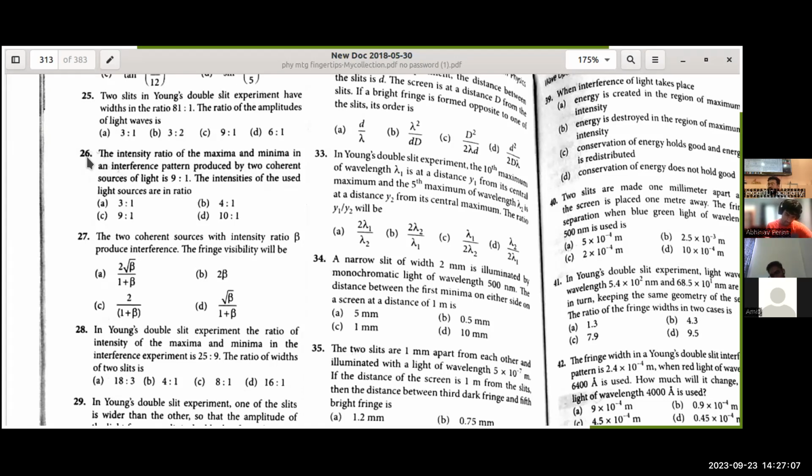So I max by I min is (root beta plus 1) the whole square by (root beta minus 1) the whole square.